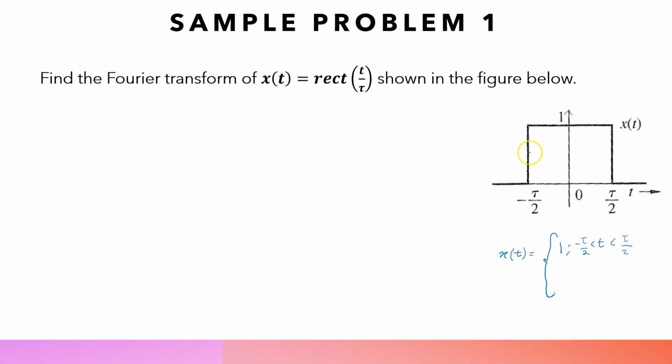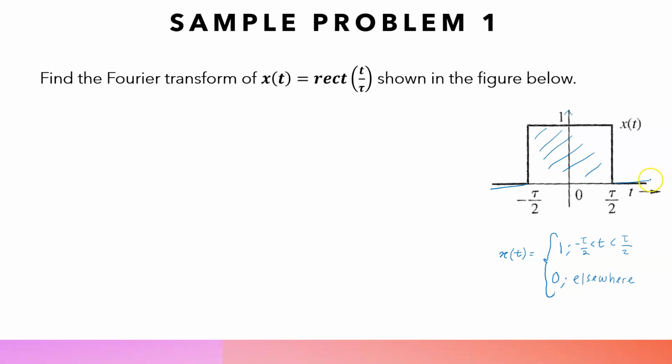So x of t is 1 in this region, between this and this time frame, and it is 0 elsewhere. So for t smaller than minus tau over 2 and greater than tau over 2, x of t is 0.